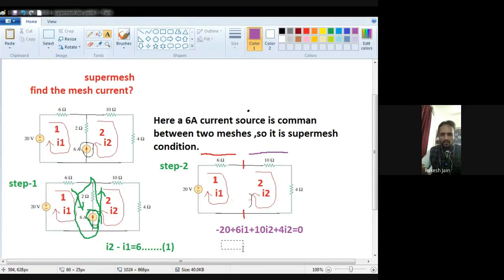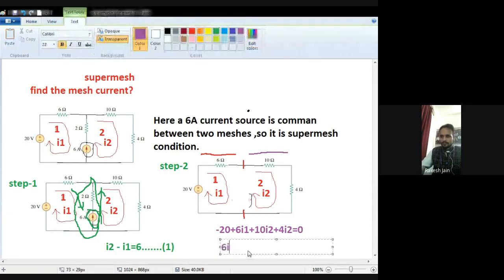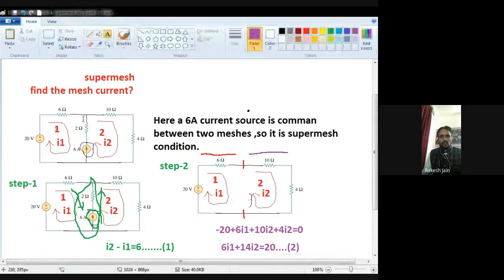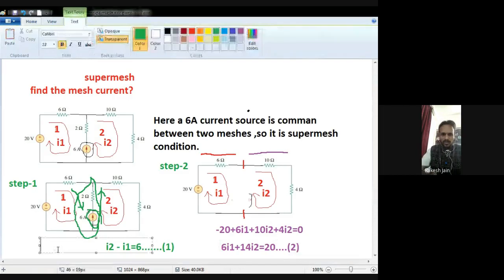Remove it completely. Okay, and just mark 2 dots over there. At the left side of this dot, write down the equation only for I1, and at the right side of that dot, write down the equation for I2 only.